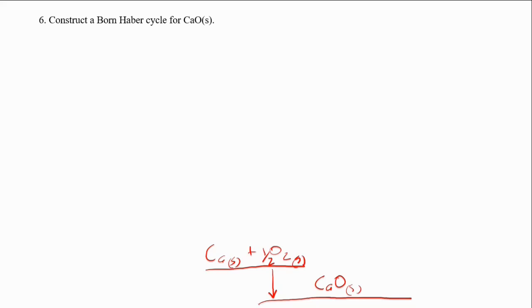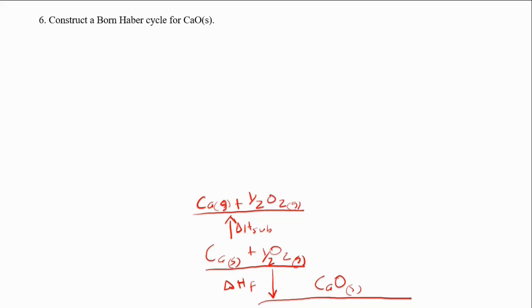Okay, and then now we could sublime our calcium. So let's put delta H sub here. Let's put delta H formation down here. Alright, delta H sub. So we have now calcium gas plus oxygen gas.